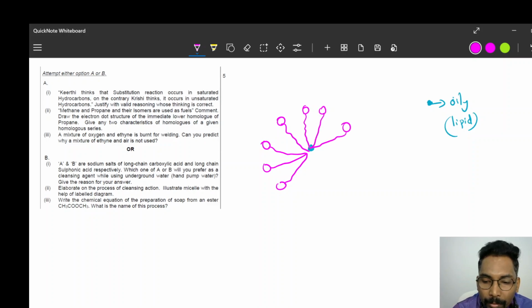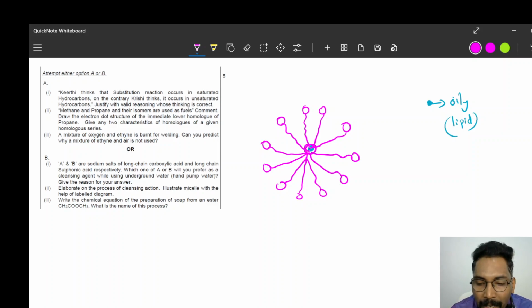The soap molecules will arrange in such a way that they try to pull the dirt particle out from the cloth. All the hydrophobic ends are directed towards the dirt particle, and all the hydrophilic, polar ends extend outwards into the water molecules.